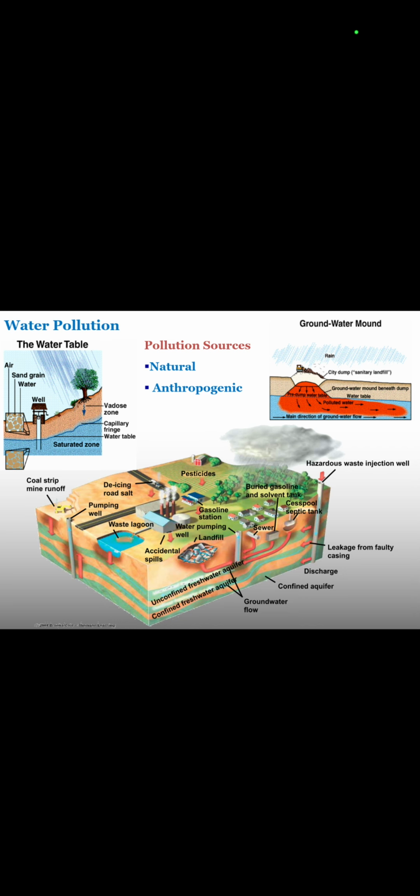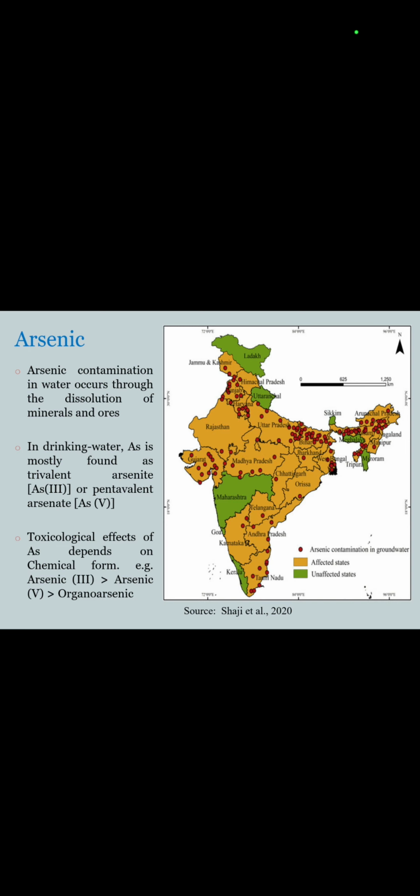And anthropogenic is when, because of man-made activities like mining and effluents from industries, the aquifers can get contaminated. When sources get affected, that can lead to pollution, and those are man-made sources, and hence termed anthropogenic sources of pollution.